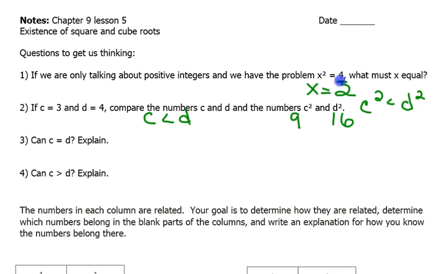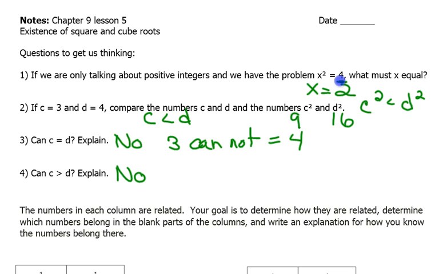So, can c ever equal d? Well, no. 3 cannot equal 4. That never, ever can happen, right? That goes way back. I know it seems kind of silly, but that goes way back to when you were in elementary school and you first started counting. Okay, can c ever be greater than d?